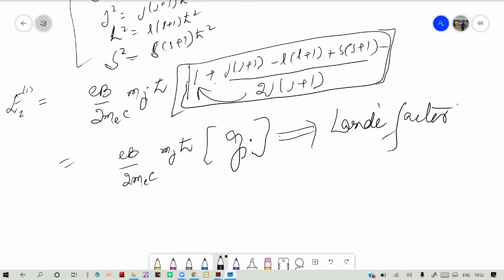This whole is the Landé factor: 1 plus (J into (J plus 1) minus L into (L plus 1) plus S into (S plus 1)) divided by 2J into (J plus 1). So this whole term is g_J. Don't need to multiply it.